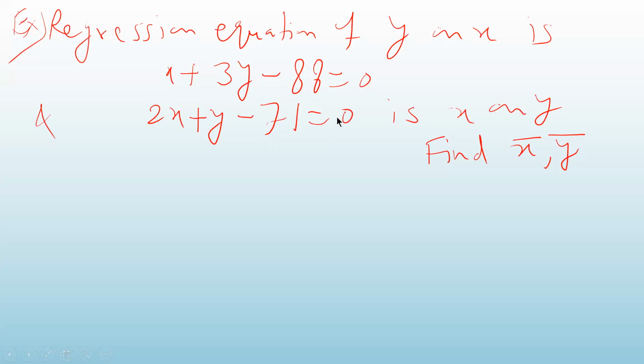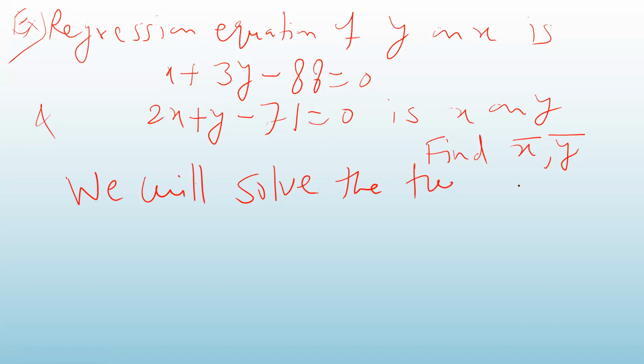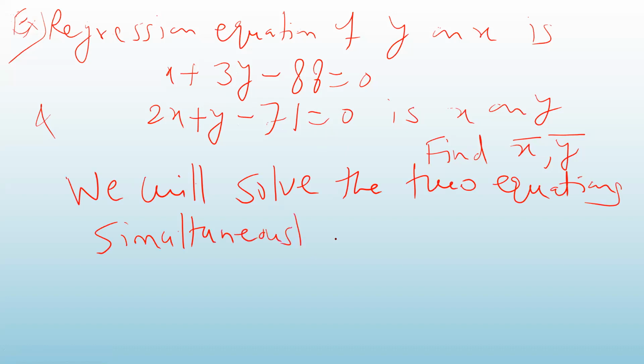So as before, to find the mean values of x and y, that is x bar, y bar, we will solve the two equations simultaneously. Now, to solve the two equations simultaneously, we have to eliminate any one of the variables, either x or y.